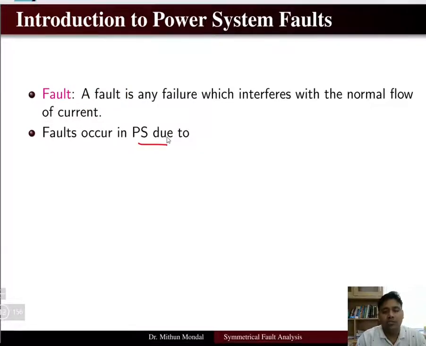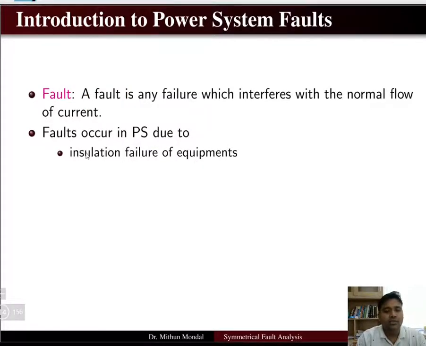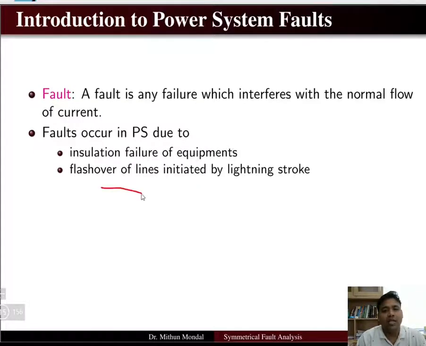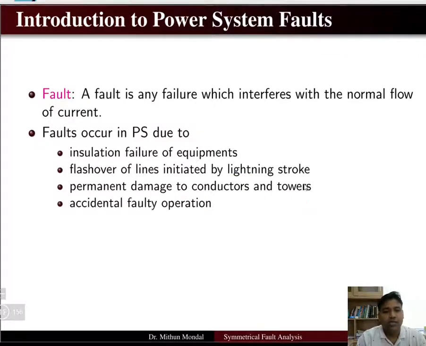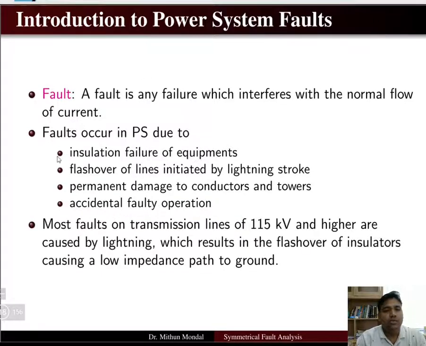Faults occur in power system due to insulation failure of the equipments, flashover of lines initiated by the lightning phenomena, permanent damage of conductors and towers, and accidental faulty operation. So these are the reasons for occurrence of faults in power system.